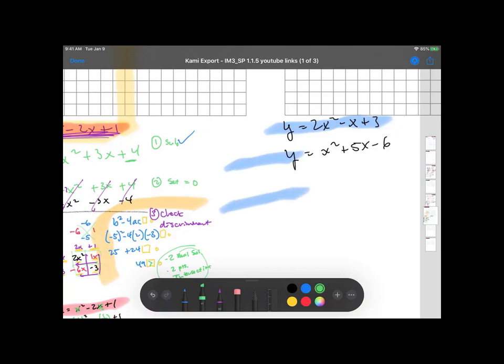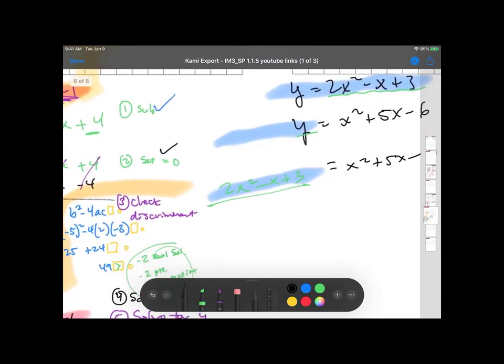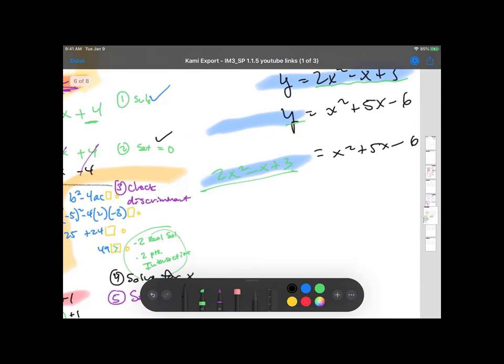Let's do that. Basically this goes right here, right? 2x squared minus x plus 3. And we're going to do the same steps as over here. We're going to set this equal to 0. So let's think ahead. If I move the green to the black on the right side, I'll eventually have a negative 1x.